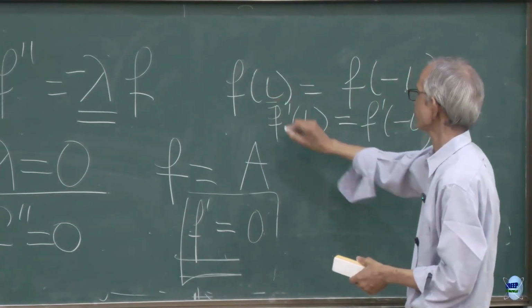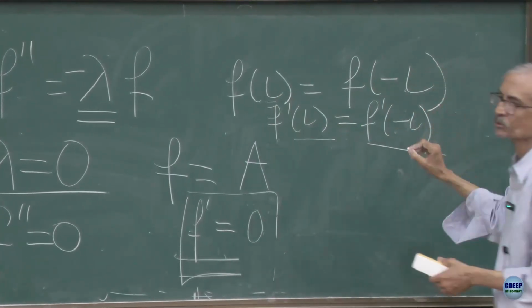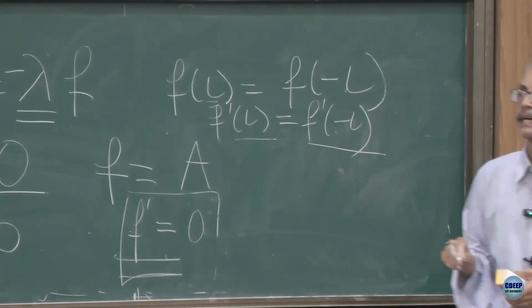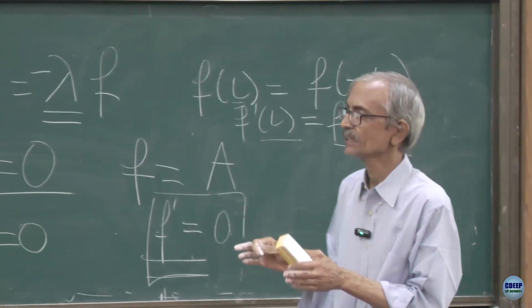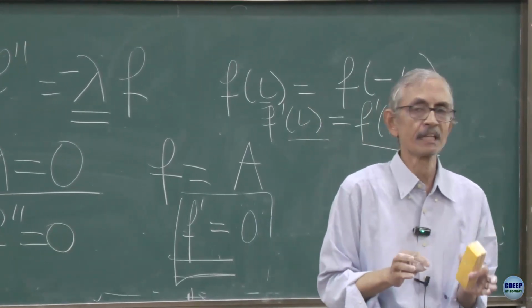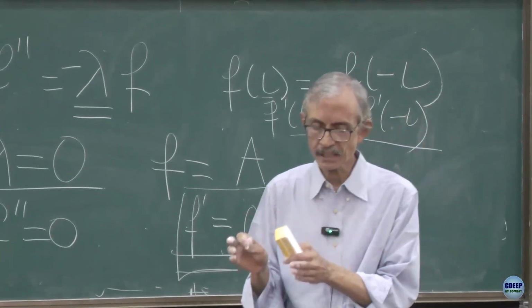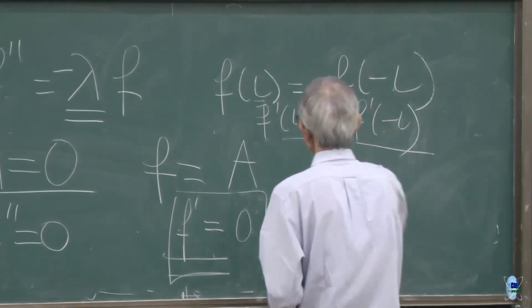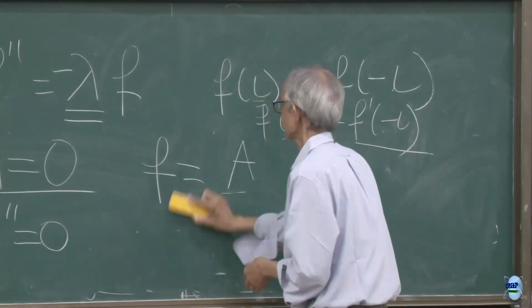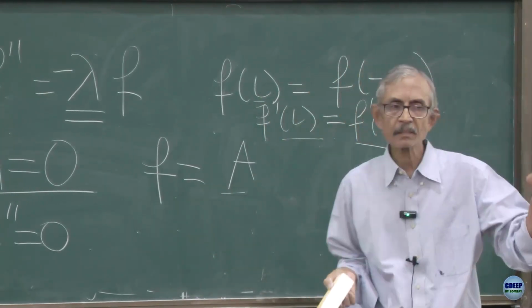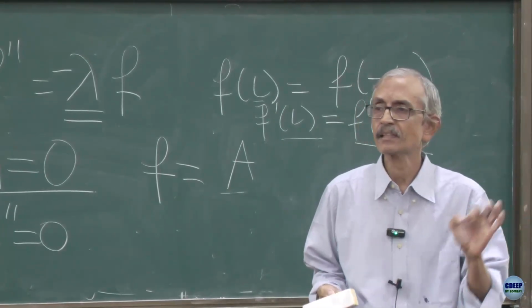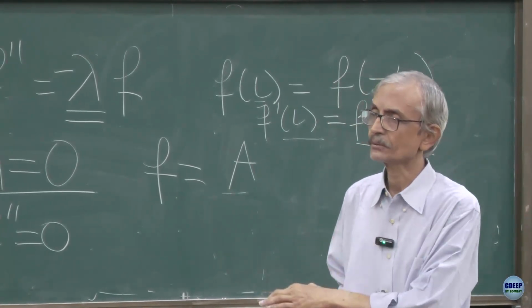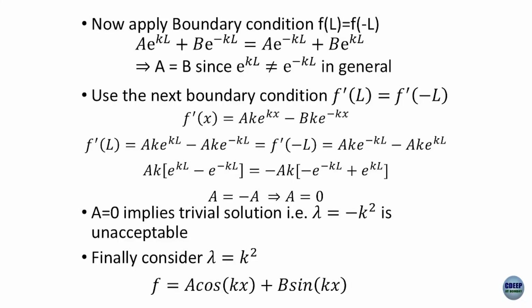So f prime at L continues to be f prime at minus L. I cannot say anything about this constant A. The constant A has to remain inside. So this is one case where lambda equal to 0 is a valid eigenvalue. Lambda equal to 0 cannot be thrown out anymore.